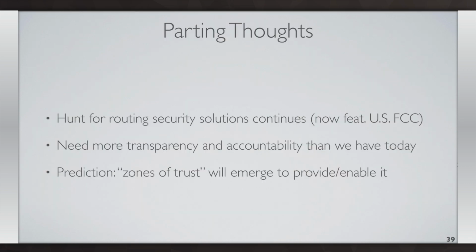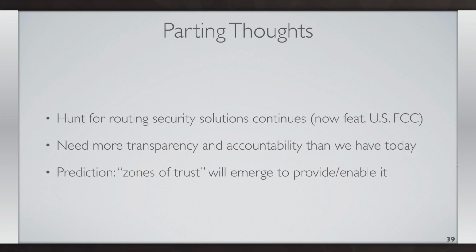So some final thoughts. It looks like the US FCC is also now involved in the routing security solutions. And we were reading through some of the comments, and there were a lot of interesting comments. As academics always prefer more transparency and accountability, and we absolutely love working with a lot of the operators, and we have had great collaborations with them.